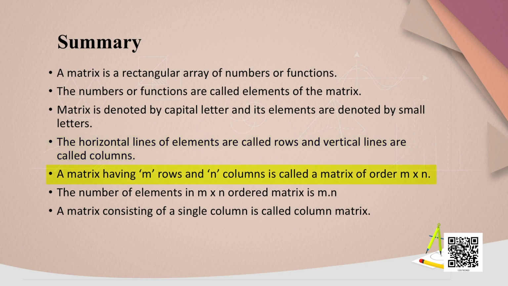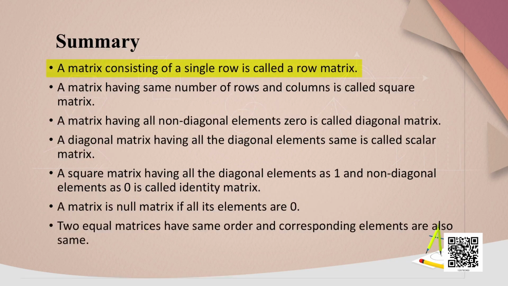A matrix having m rows and n columns is called a matrix of order m by n. The number of elements in an m by n matrix is m into n. A matrix consisting of a single column is known as a column matrix. A matrix consisting of a single row is known as a row matrix.